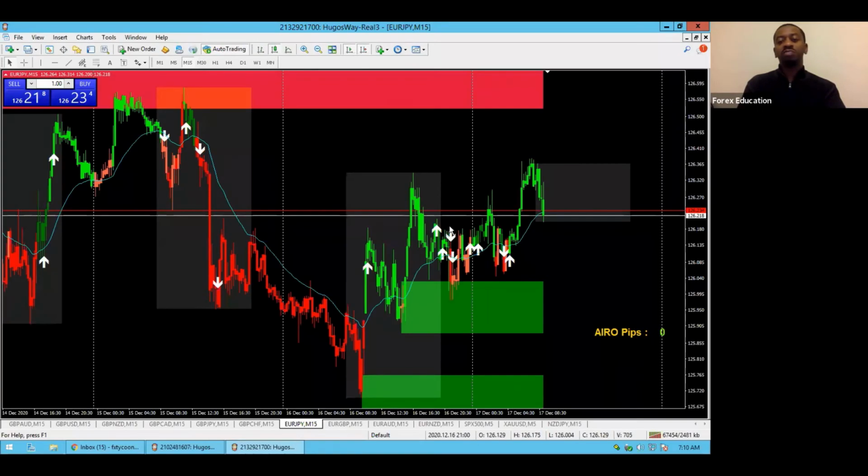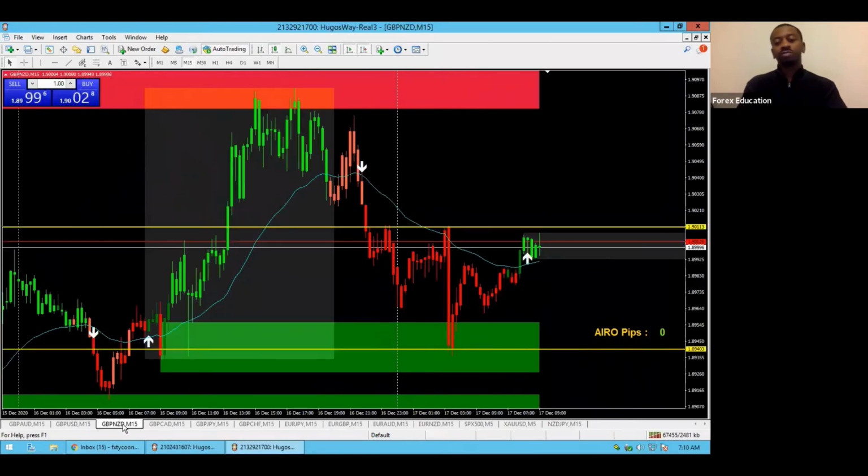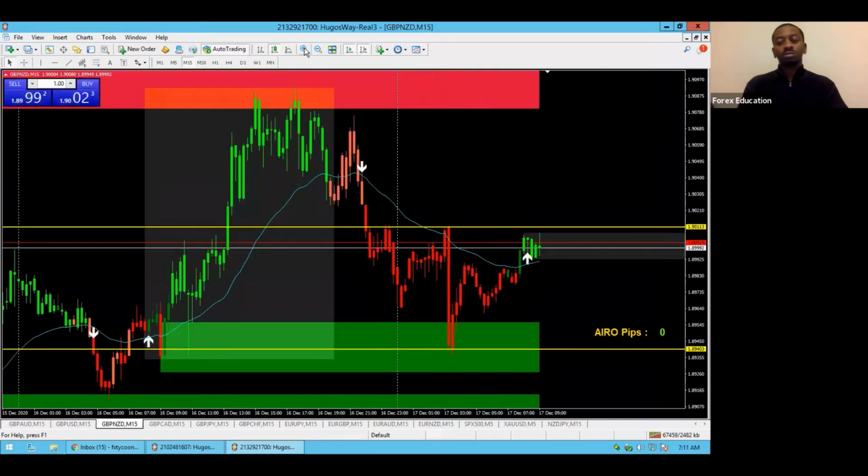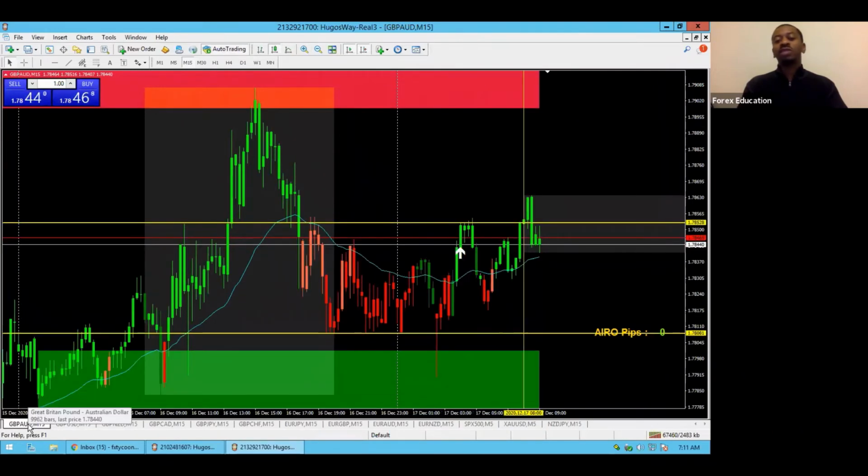All right, guys, let's go look at GBP NZD. People keep asking me why we're not taking the GBP NZD buy. All right, let's go look at it. So as we talked about, we don't have enough correlating action going on with the pairs.